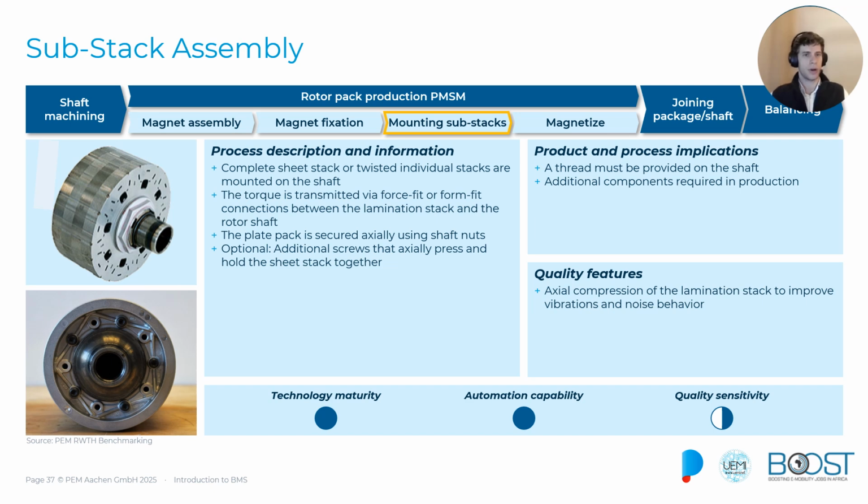These segments are then bonded or mechanically fastened together to create a unified stack. Once assembled, the stack is positioned on the rotor shaft, ensuring proper alignment and balance for efficient operation. This method allows for precise construction of complex rotor designs using smaller, manageable parts.